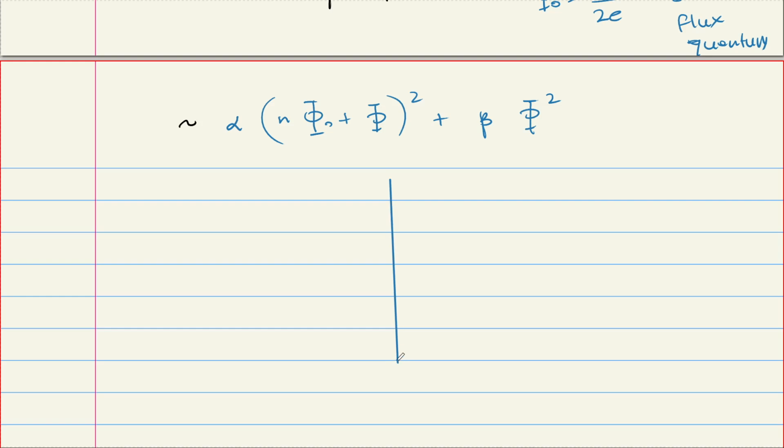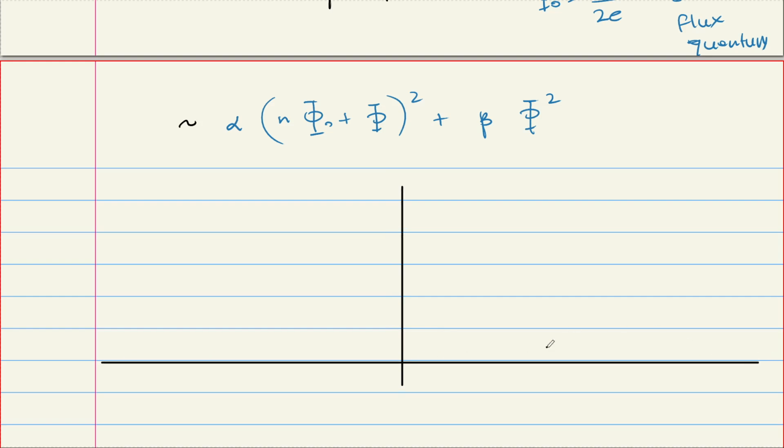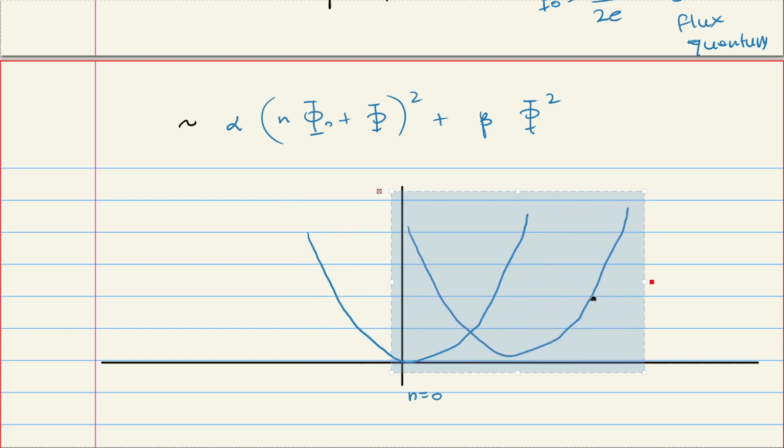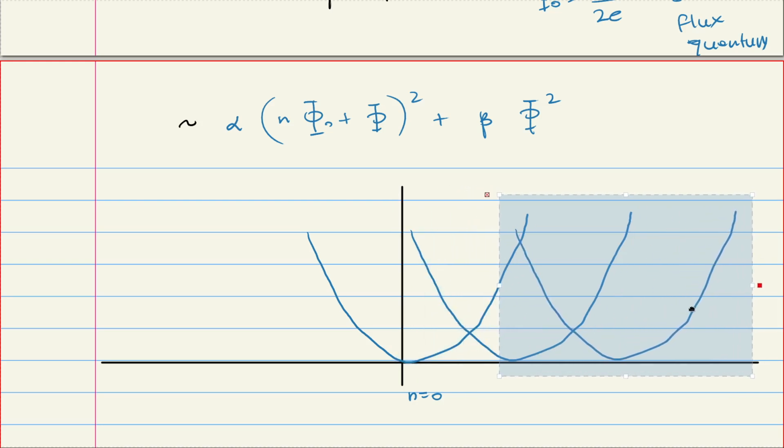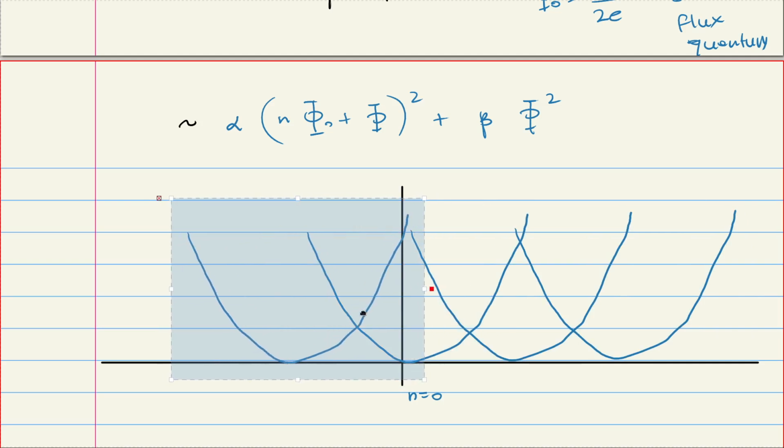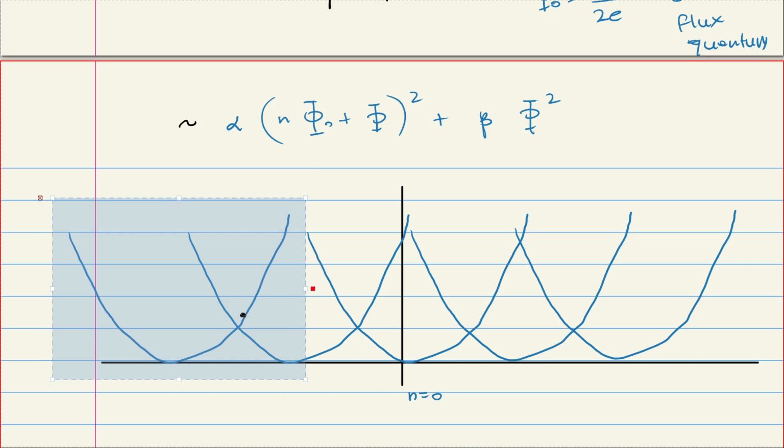So let me first draw something like that, and I have this parabola, and this is for n equal to 0, and for n equal to minus 1 I'm going to have one here, n equal to plus 1 I'm going to have another one here, another one here, another one here, right?